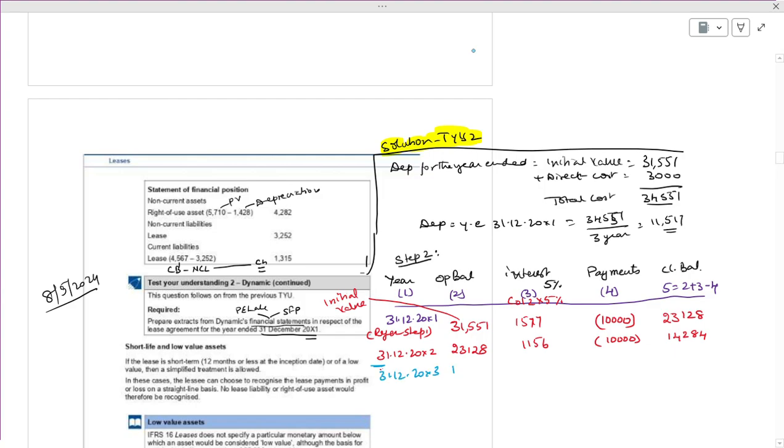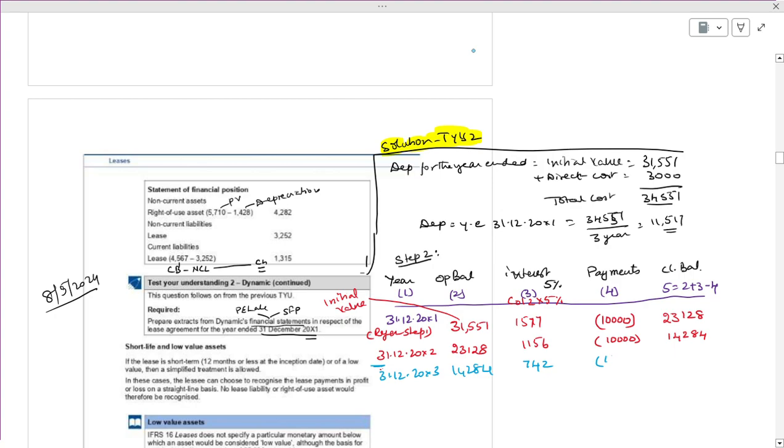Is it 14,284? At the rate of 5%, how much? 714.